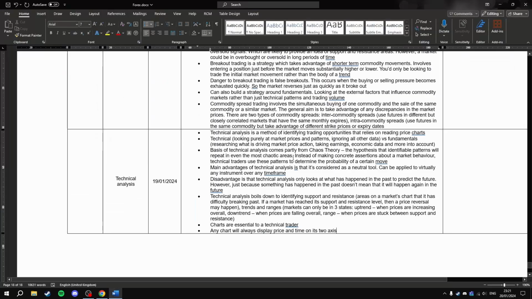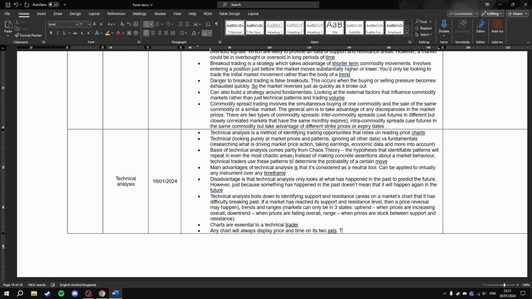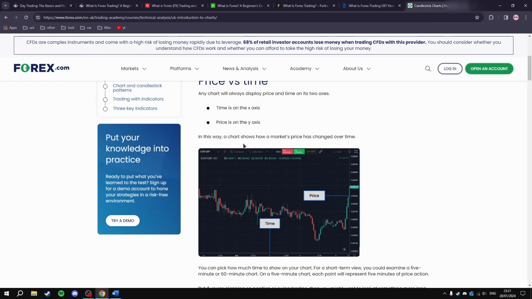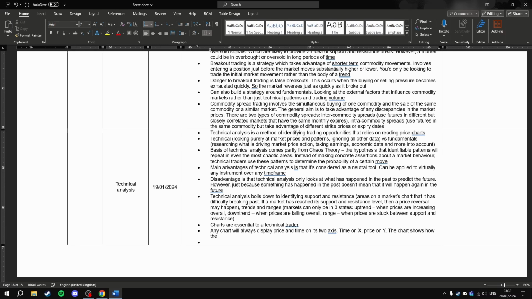Time is on the x-axis, price on the y. In this way, a chart shows how a market's prices change over time.